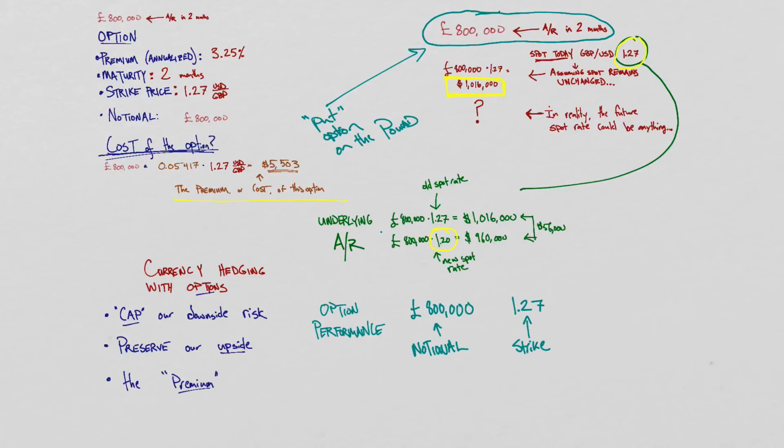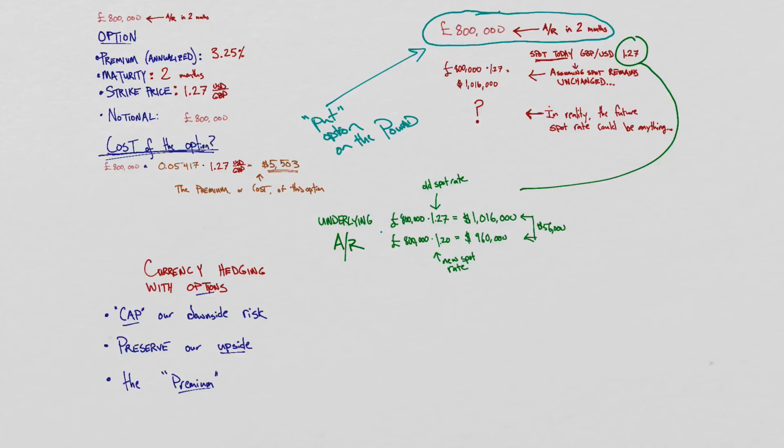And instead, the only thing that you lose out on is the premium here of $5,503. And so if you consider the gain on the accounts receivable and the minor loss on the put option, these two together mean that you actually end up with an additional $58,000.